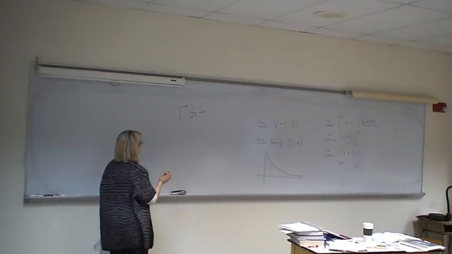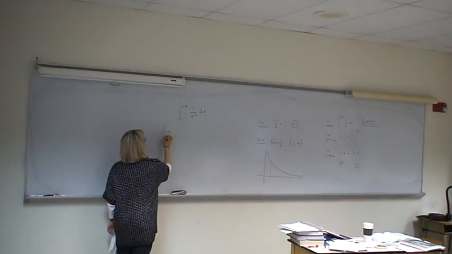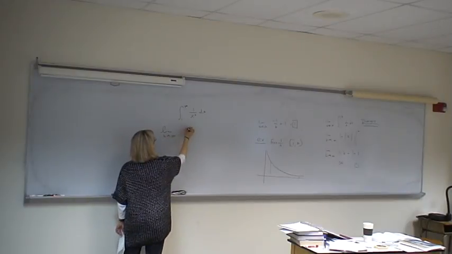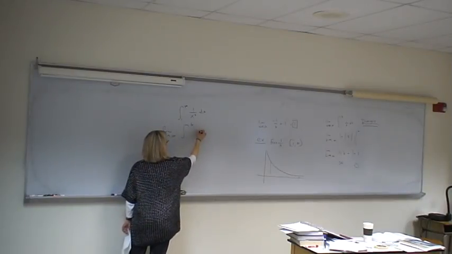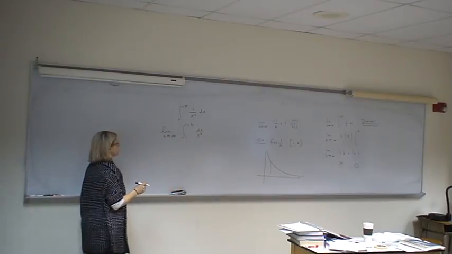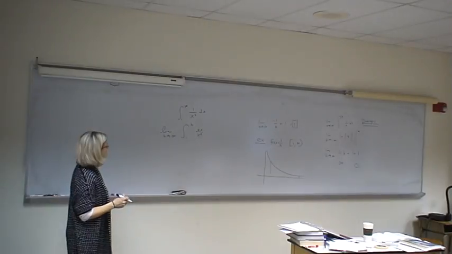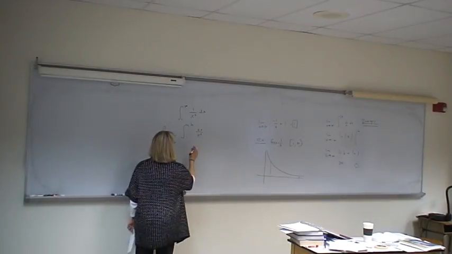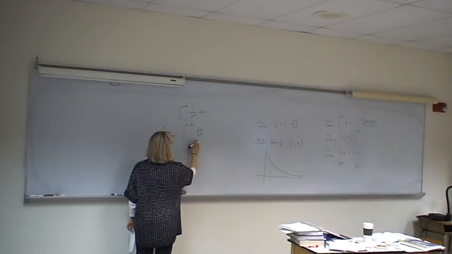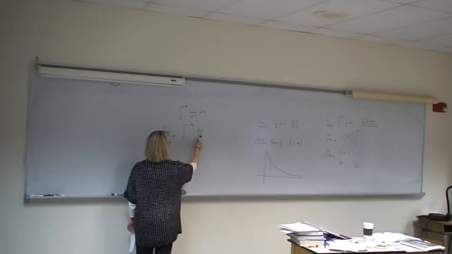With a limit, as b goes to infinity of the integral from 1 to b, dx over x cubed. Okay. So negative 1/3, or no, negative 1 over 2x squared. Okay, so we're going to go up a power.